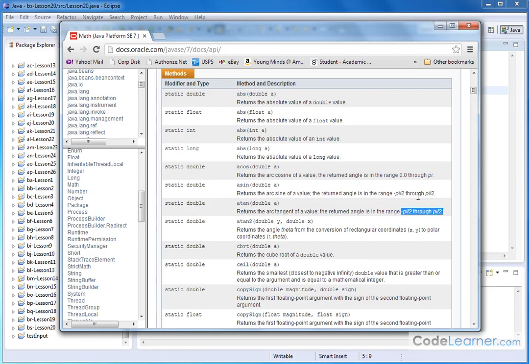The details of why it's pi/2 and -pi/2 are really a discussion for a math class. I'm telling you the facts: you give a double precision number, which is a decimal number, and you get back a radian angle within these ranges for cosine, sine, and tangent.